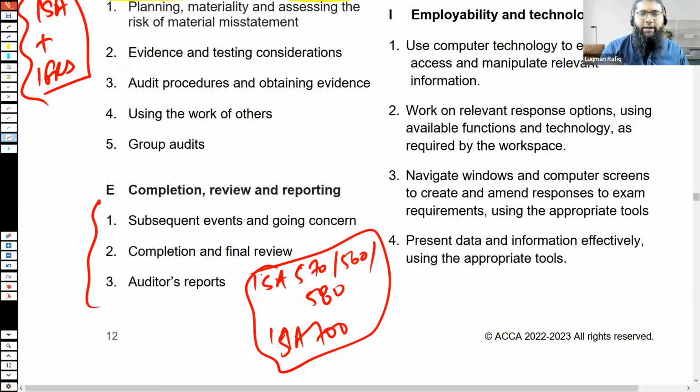We're going to discuss in detail when to give a key audit matter, when to give an emphasis of matter paragraph, when to give an other matter paragraph, when to give a modified opinion, an adverse opinion, a disclaimer of opinion, and a material uncertainty section related to going concern in the report. These are the types of topics that we shall be covering.